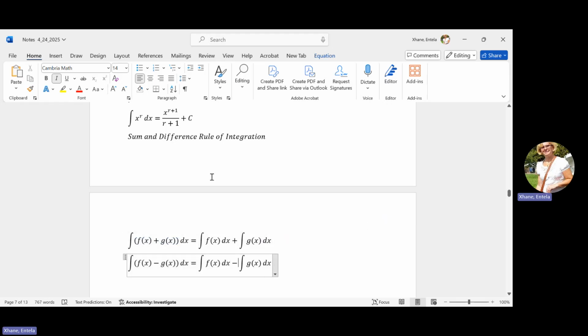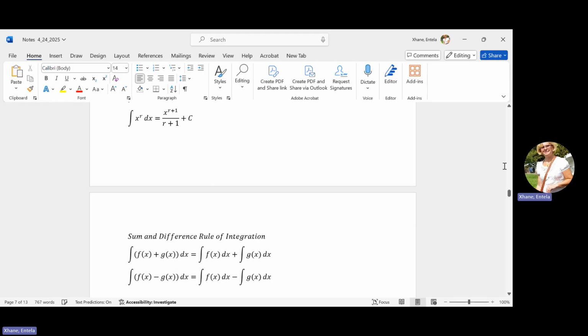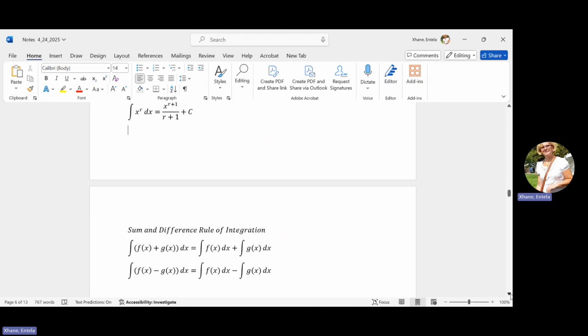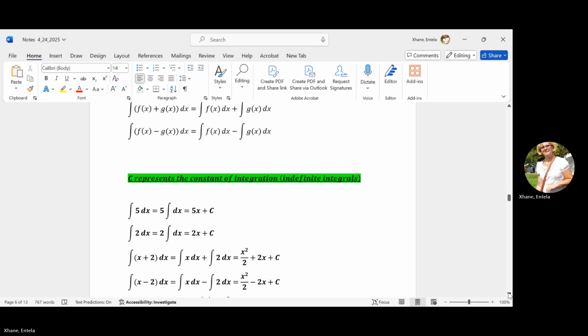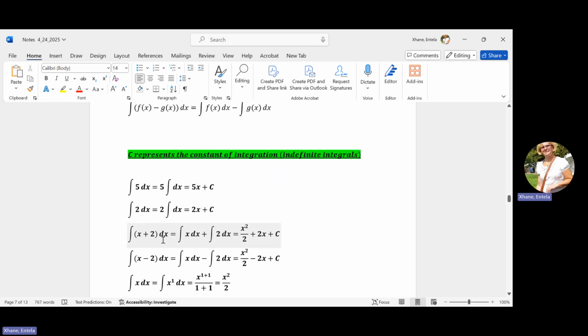And these particular rules on the sum and the difference are applied in this example when you are integrating x plus 2. So see the separation, you're integrating x, and then you're integrating 2. In each of those cases, notice the presence of the variable of integration dx. Now, the variable x is integrated by using the power rule.